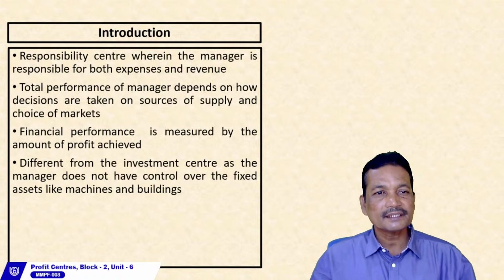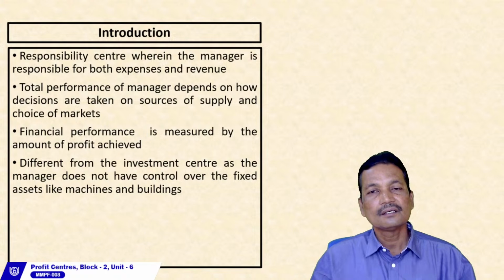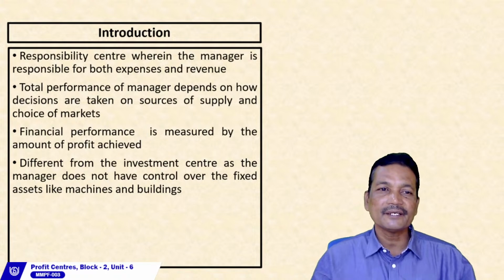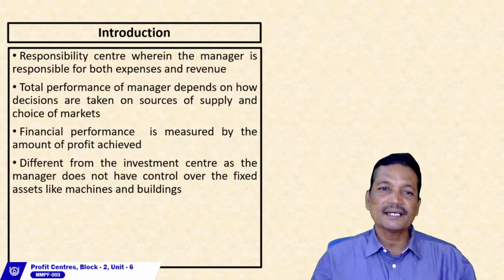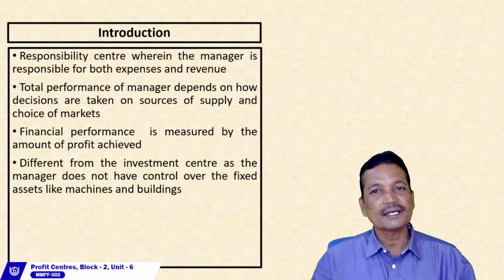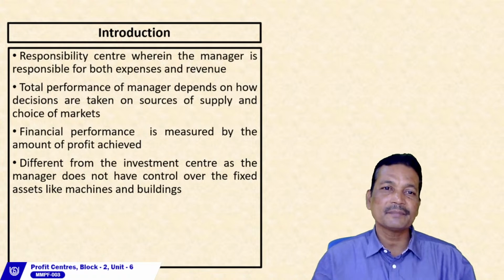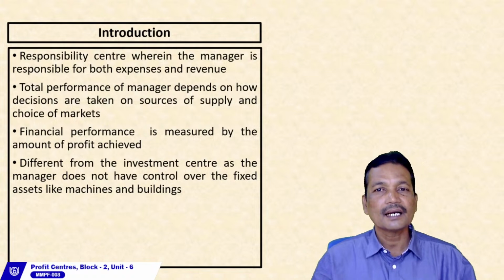Now the responsibility center is called profit center because profit is the difference between the revenue and expenses. If revenue is higher than expenses, we say we have profits. If it is the other way around, that means revenue is lower than expenses, we are having losses.